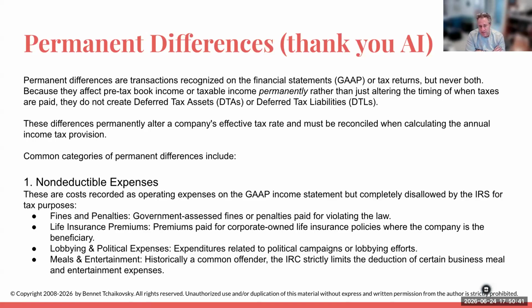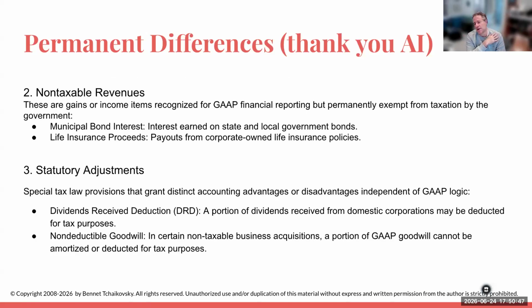Lobbying and political expenses, again, may be deductible for GAAP. However, they may not be deductible for tax purposes. When it comes to non-taxable revenues, if the insurance policy premiums are not deductible, then the proceeds are not taxable. Municipal bond interest generally is going to be non-taxable.